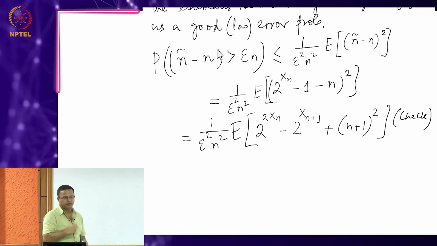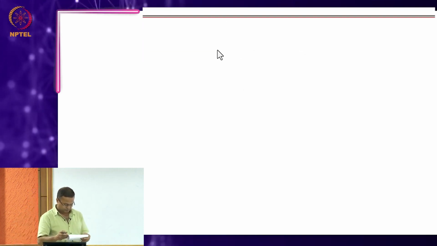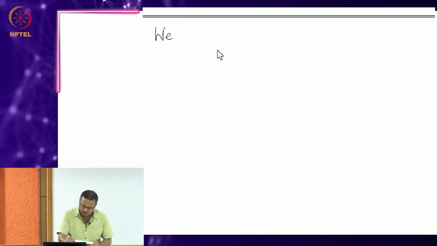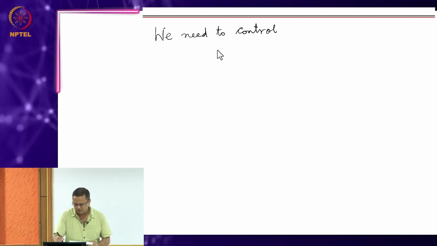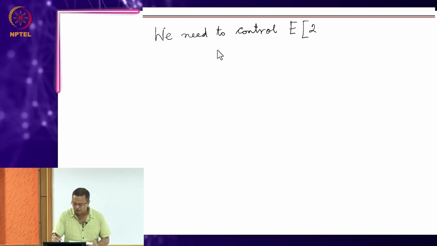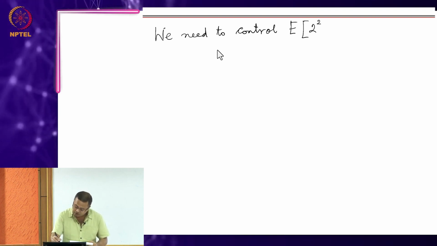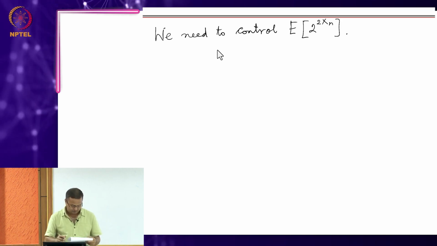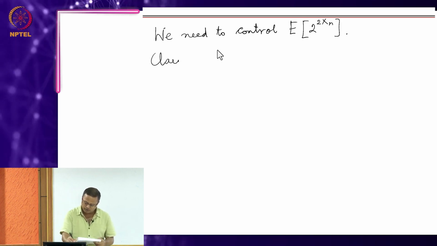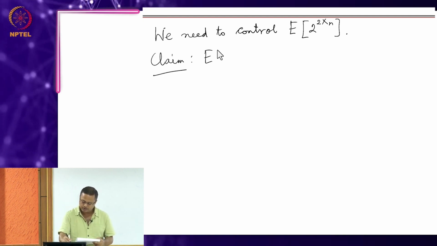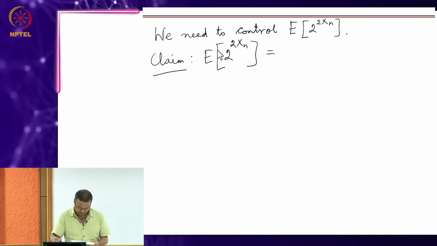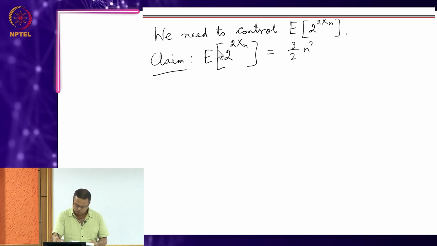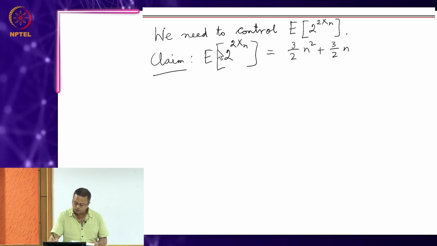So, I need to control that. There are some tedious calculations, and you can show, which I will not get into, that expectation of 2 to the 2xn would be equal to 3 by 2 n square plus 3 by 2 n plus 1.